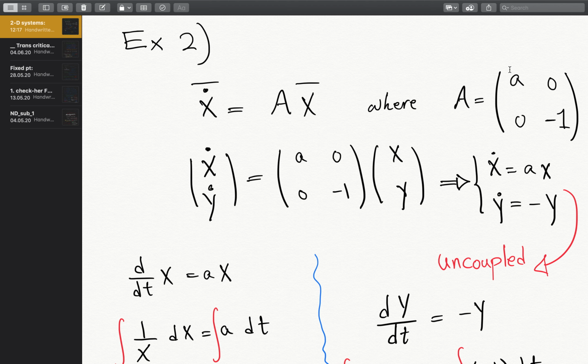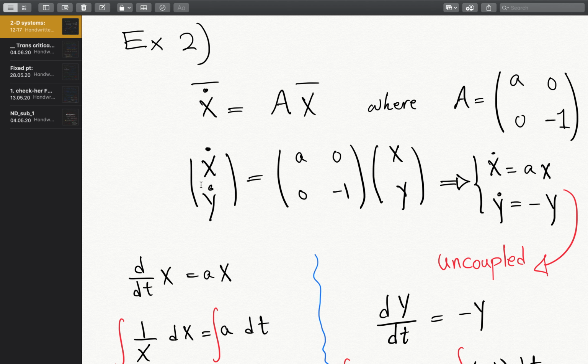That's why we just put it as a. It is not a variable in the system. So we just say a is a constant. It can be 0, it can be 1, it can be -1. So we talk about it.